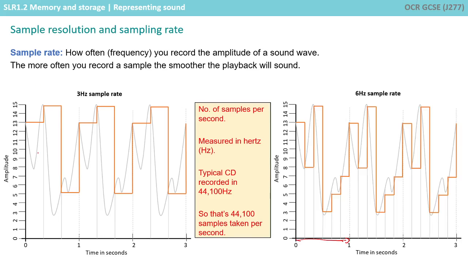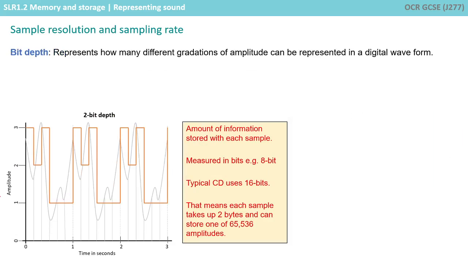Let's see a better example. Here's an example of a sound wave with a 2-bit depth. In other words, it uses 2 bits, so this would be 00, that would be 01, 10, 11. So we've got 4 levels at which we can measure.